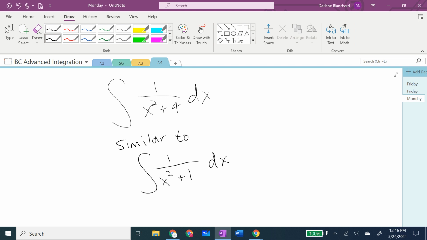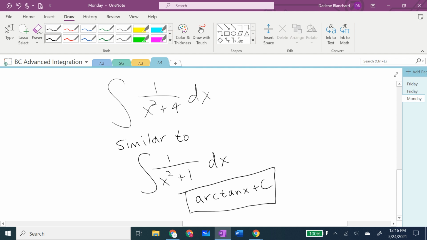Yep. That integrand is the answer to the derivative of inverse tangent, arctan. That was one of the formulas you were supposed to memorize. Emphasis on supposed to. Now, you no longer need to.